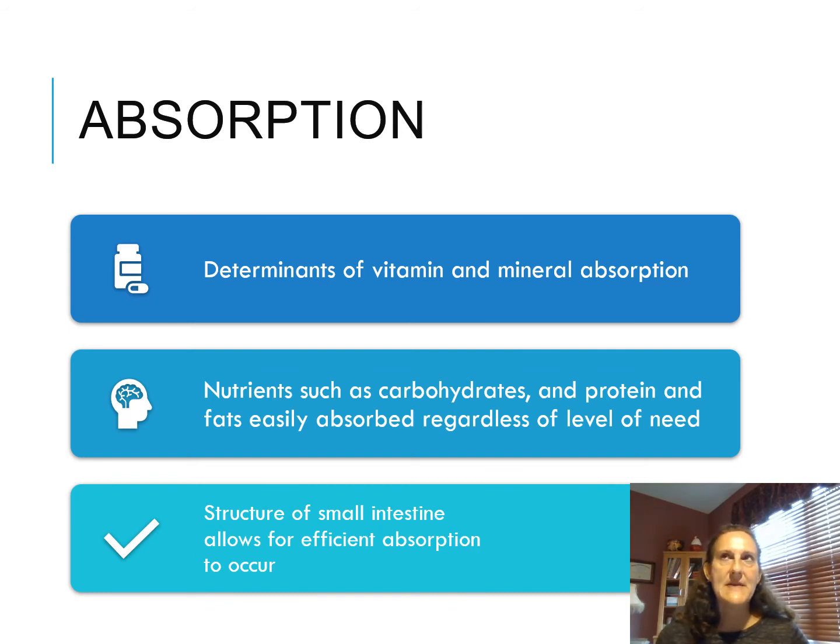And as you can imagine, diseases like IBS or IBD, irritable bowel disease, which affects the small intestine and large intestine, Crohn's, colitis, their microvilli and villi are short or flattened, and the absorption doesn't occur.